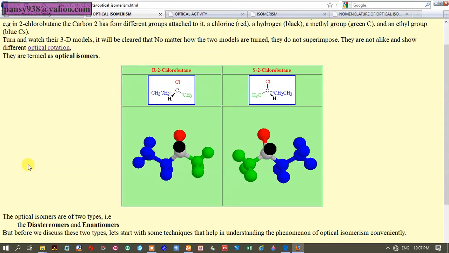Now focus on 2-chlorobutane. We have the two-dimensional structure of the compound as well as the three-dimensional structure of the compound by this MDL model. You see that both of these compounds are mirror images of each other.